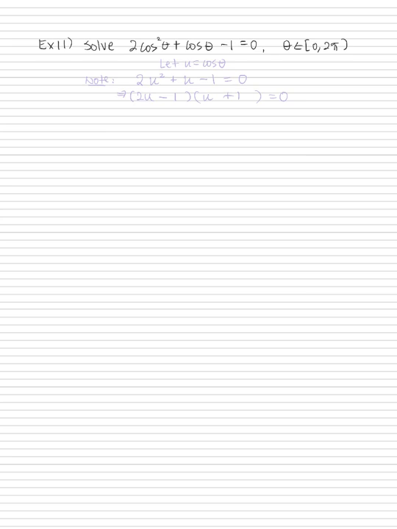So starting from the very beginning, I'm going to say let u be cosine of theta. Then 2 cosine squared of theta plus cosine of theta minus 1 equals 0 can be rewritten as 2u squared plus u minus 1 equals 0, which factors into 2u minus 1 and then u plus 1.